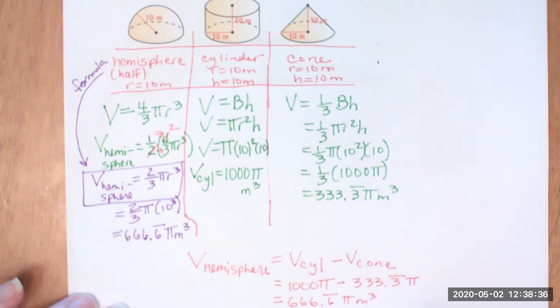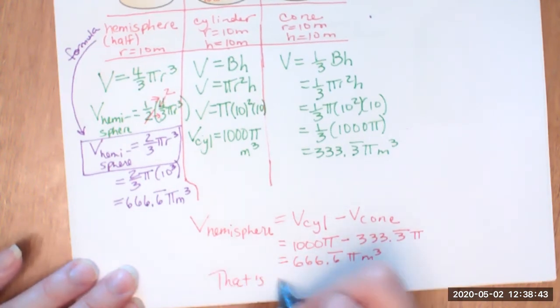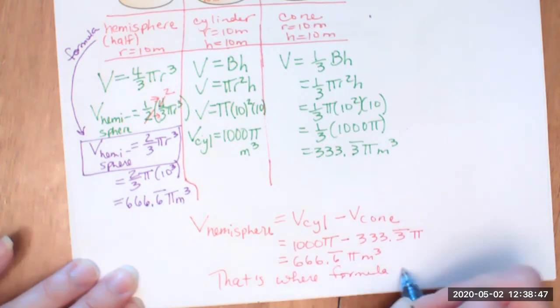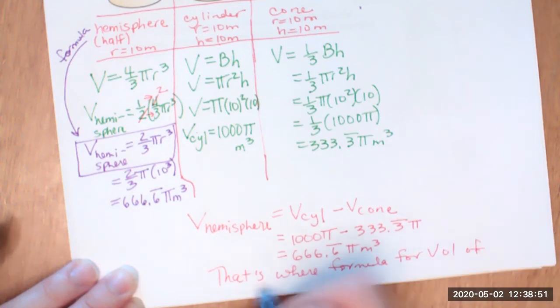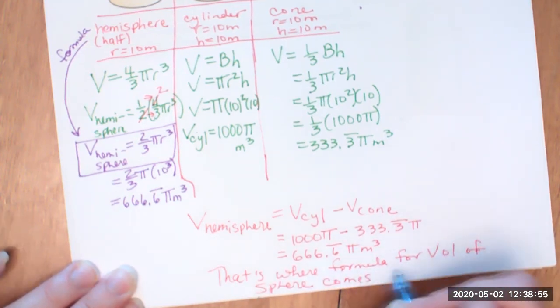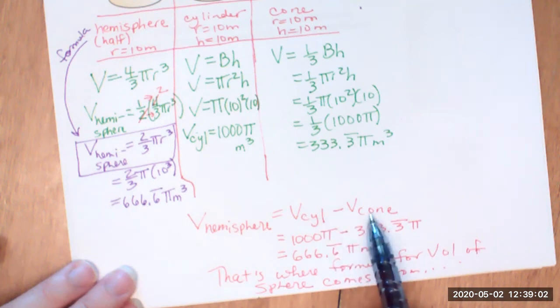Okay? So basically, that's where the formula for the volume of a sphere comes from. Okay, so basically you can see if I take the difference between the volume of the cylinder and the volume of the cone, then that'll give me the volume of the hemisphere.